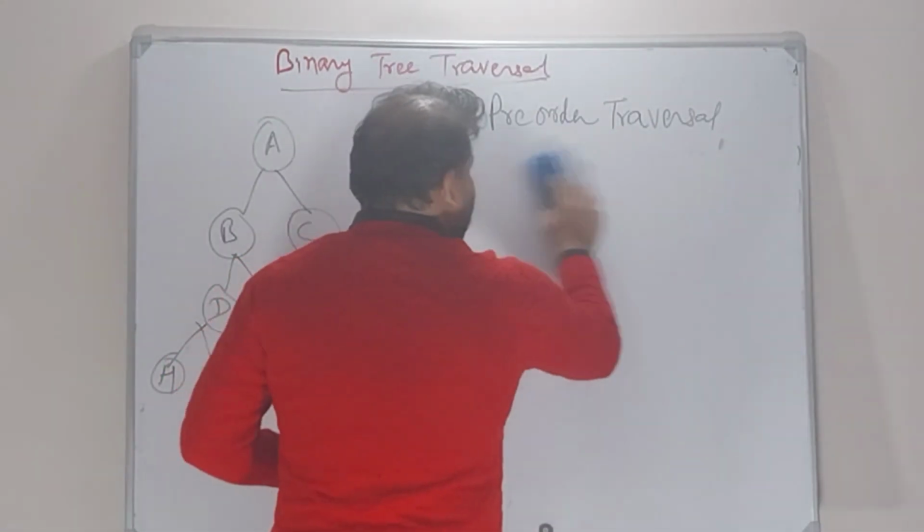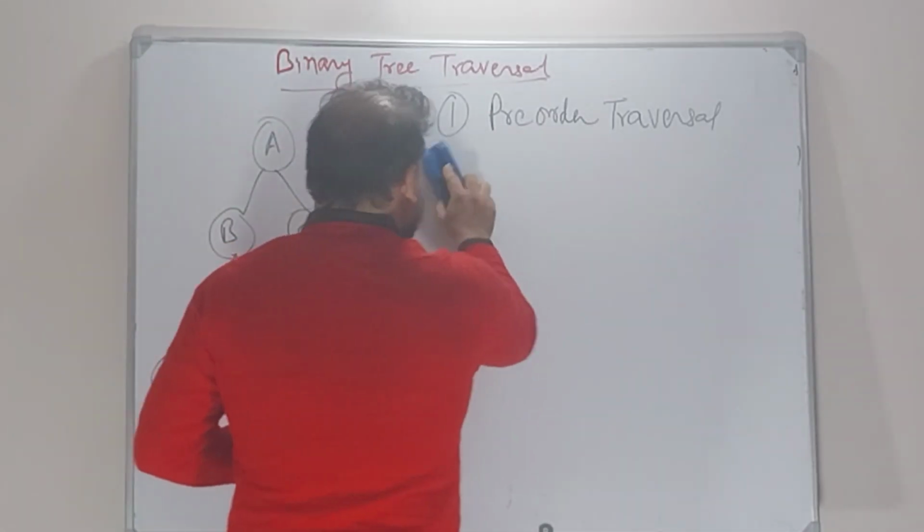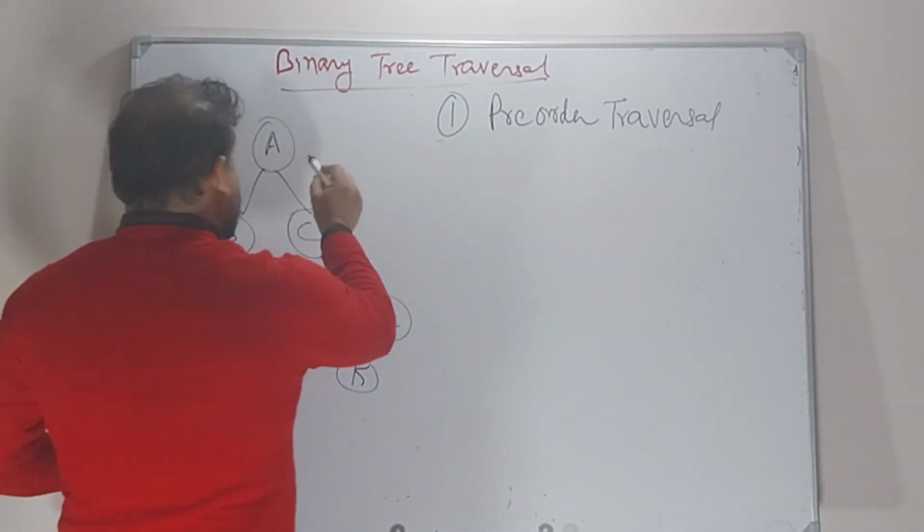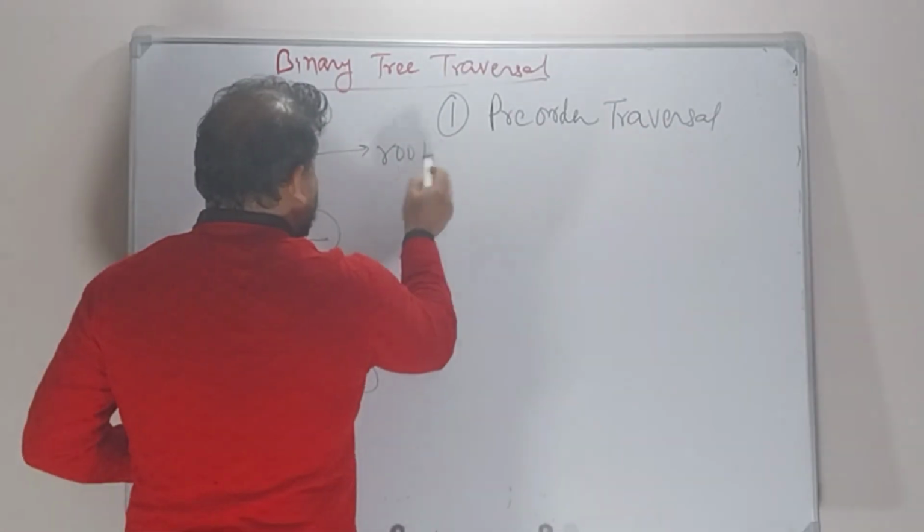In this traversal, what approach are we using? For a tree, we can always access it from the root.